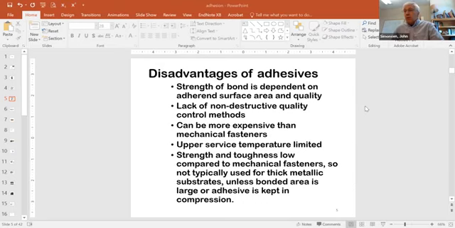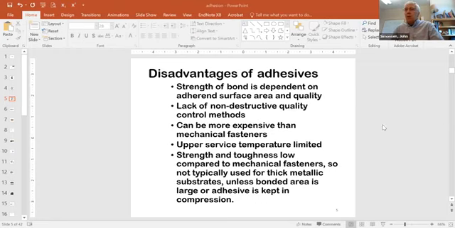There's a reason for that, because most of the glues or adhesives are organic polymers, and wood is an organic polymer. So they both have similar temperature behavior. Now, there are adhesives that will go to higher temperatures, and there are plenty of adhesives that have a lower surface temperature limit. But in general, it's about the same as wood.